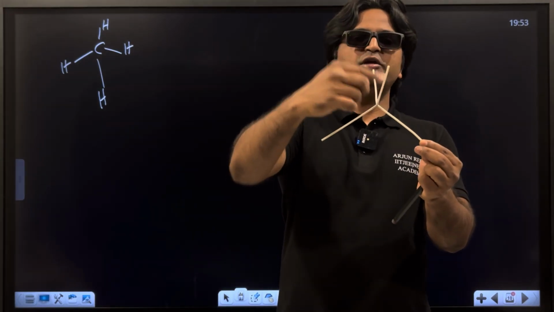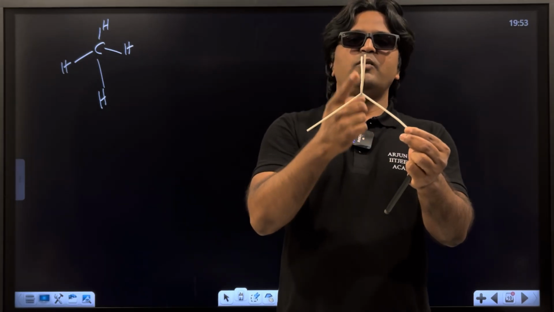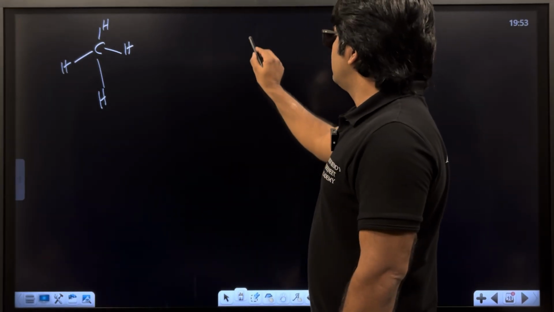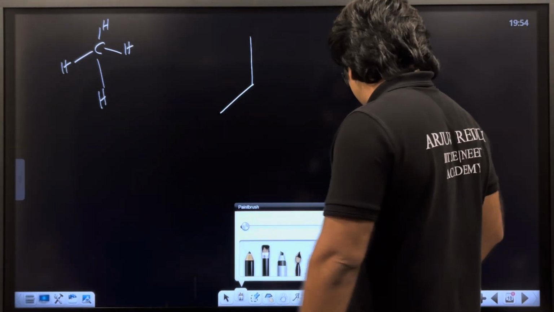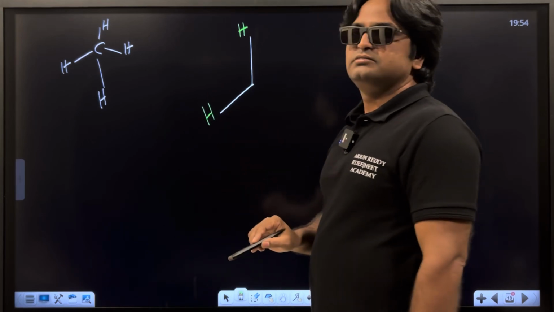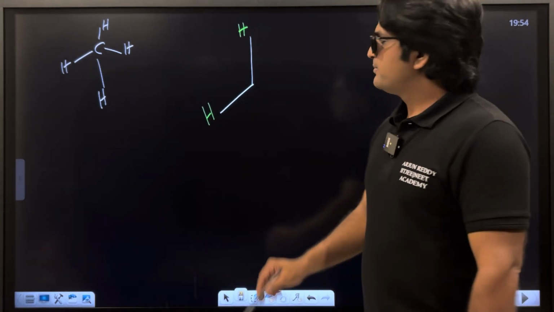Next, how many bonds are nearer to the observer? One bond is nearer to the observer, and one bond is away from the observer. So you can also write like this. Now here, how many bonds are in plane? Two bonds are in plane, same thing I am taking here: hydrogen and hydrogen. And how many bonds are out of plane? Two bonds are out of plane.